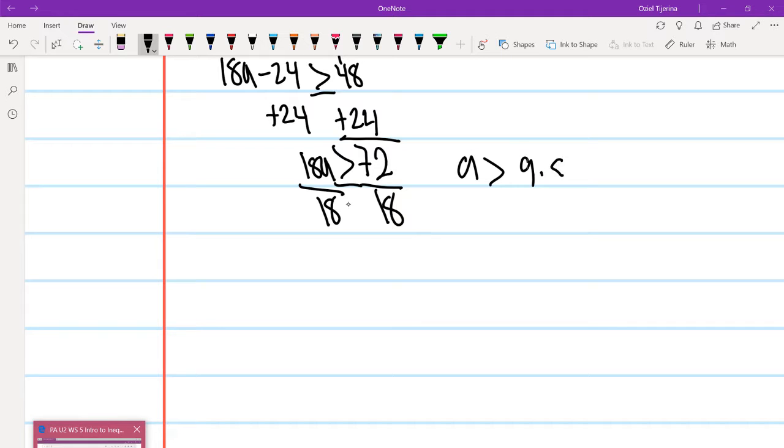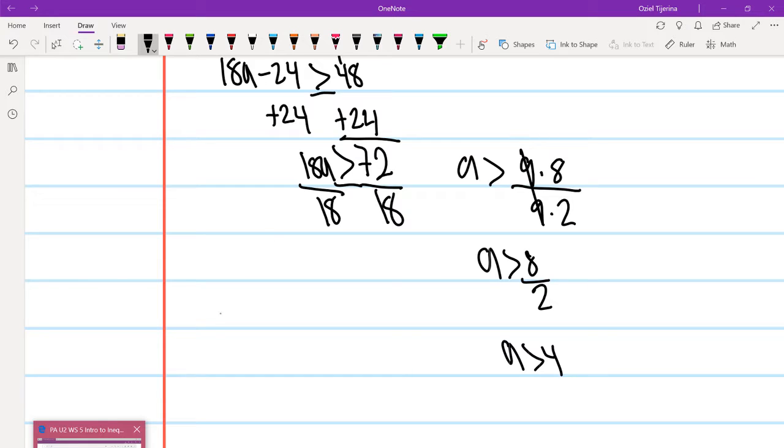So it's 9 times 8 over 9 times 2. So you would cross that out, and then you would say a is greater than 8 over 2, and then a is greater than 4.